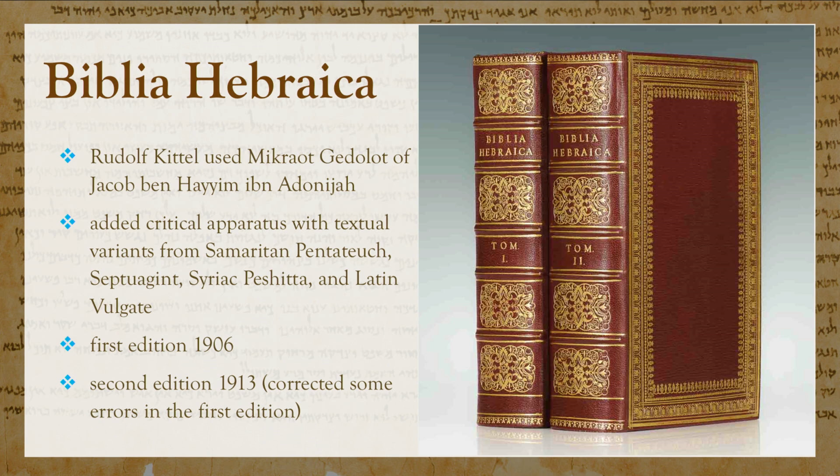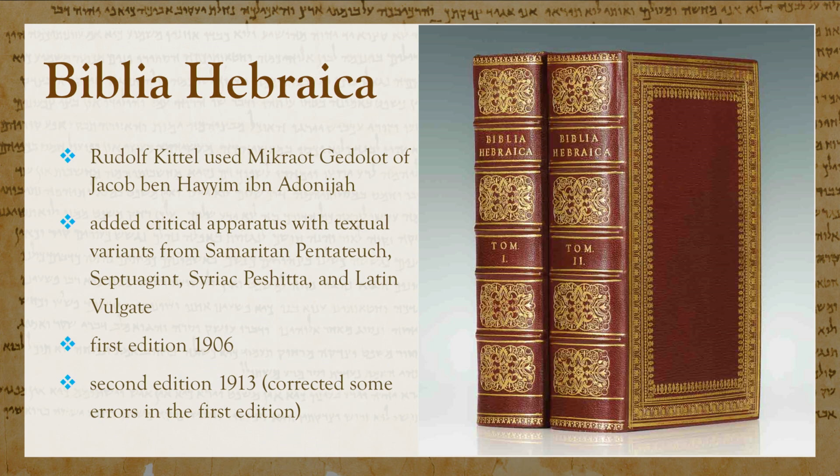He used the Mikraot Gedolot of Jacob ben Hayim ibn Adonijah, and that's the same printed text that the King James was based on. He added a critical apparatus, which is basically a fancy word for footnotes, with textual variants from the Samaritan Pentateuch, the Septuagint, the Syriac Peshitta, and the Latin Vulgate. So these are all hopefully starting to sound a little familiar to you.